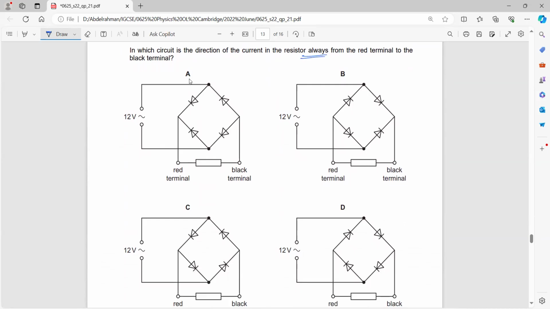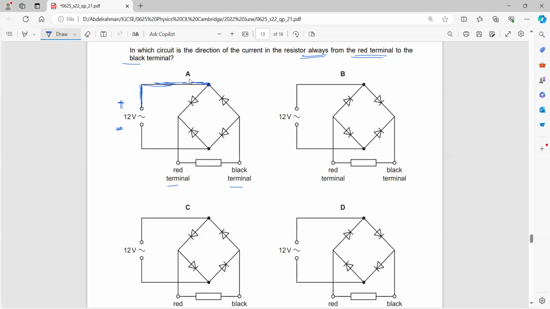In which circuit is the direction of the current in the resistor always from red to black? I need it to go from the red terminal to the black terminal. This is an alternating current, so it will keep on changing from positive to negative. If I start with the positive and the negative this way, the current will move this way.